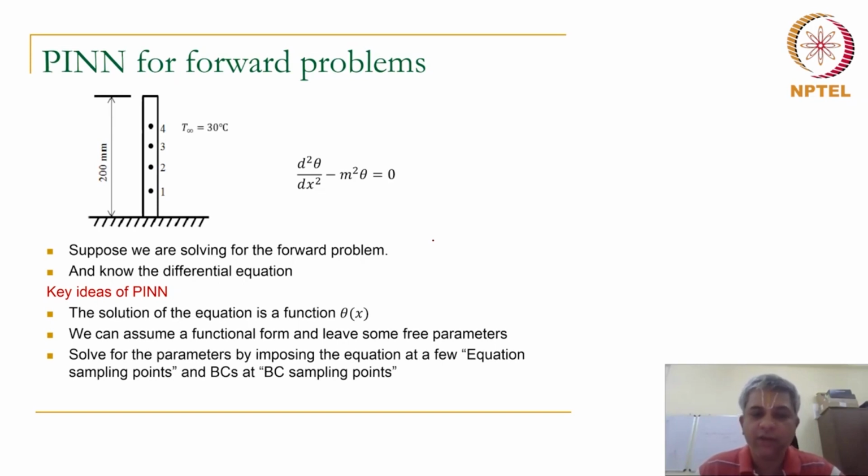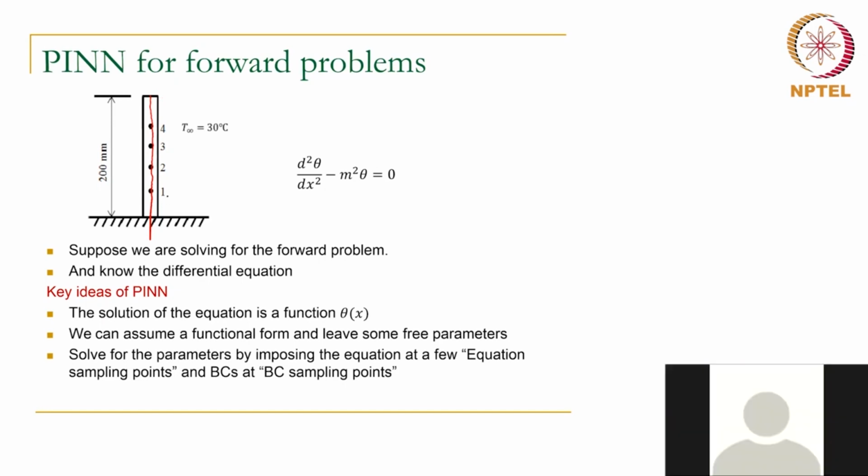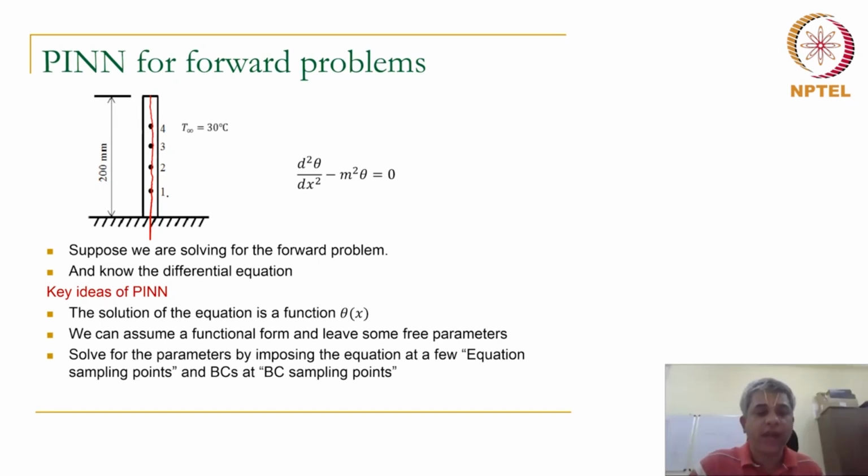What we do is sample the equation at some points. As I told you in the last class, you could sample the equation if you know the temperature only at 4 points, but if you know that the differential equation is solved everywhere, you can sample everywhere for the equation and boundary conditions or temperature points at just those specific points.